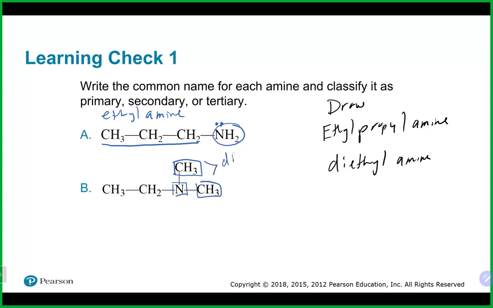So that is a dimethyl group there with our nitrogen. That is a 2-carbon group, which is an ethyl group. And again, putting this in alphabetical order, we will go with the E first because we're doing the E to the M, and that's going to be an ethyl dimethylamine in this case.